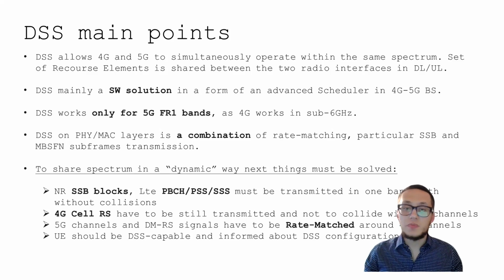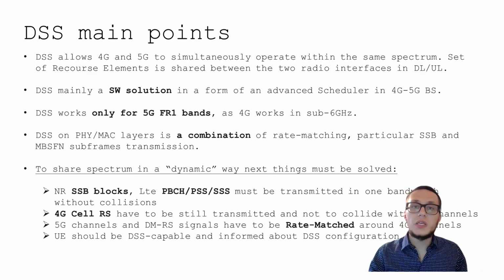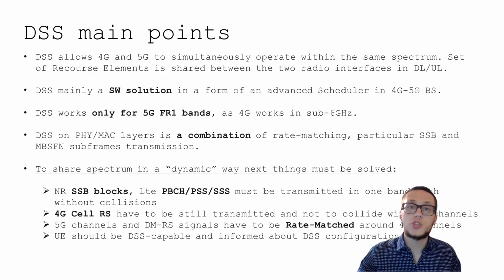How they can be transmitted in one bandwidth without any collocations, without any possible reductions in accessibility KPIs. 4G cell reference signals cannot be switched off. And this is another challenge for dynamic spectrum sharing, because we should somehow avoid collisions even with those signals.